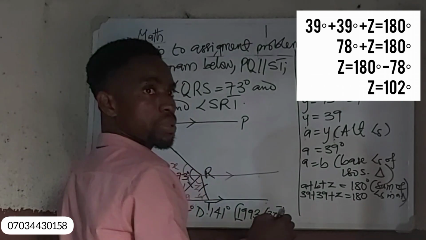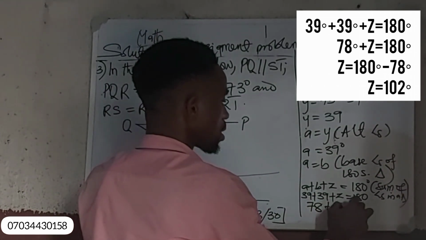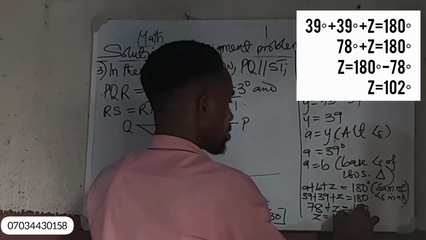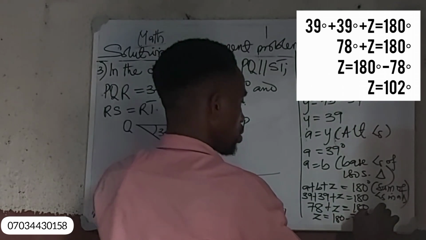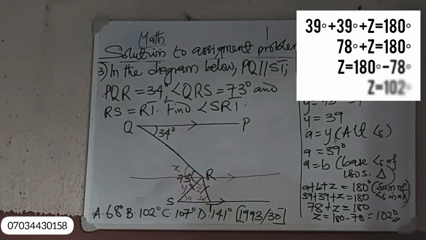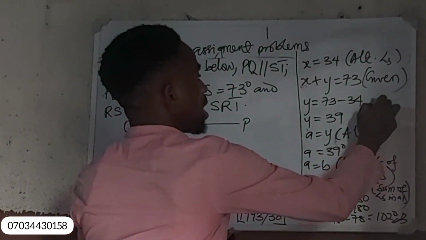So 39 plus 39 is 78, plus C is 180. So C is 180 minus 78, and that should be 102 degrees. So our answer is B. Option B is the answer.